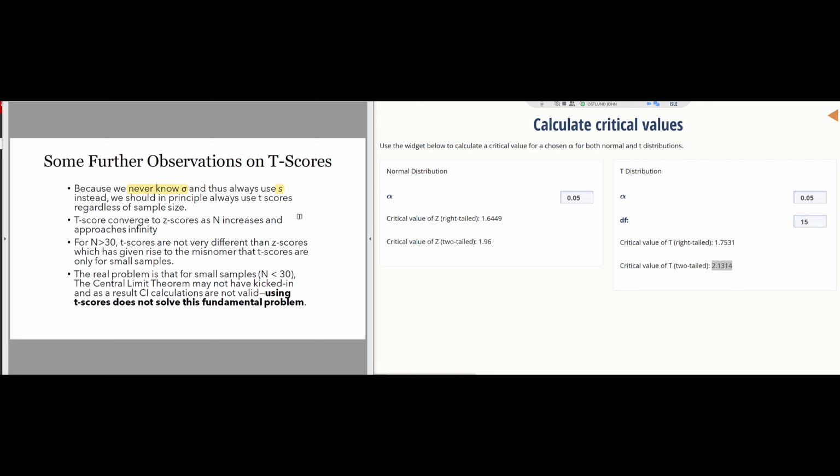We are therefore stuck with using the sample standard deviation as an estimate of the population standard deviation. But because we are less sure about how close that sample standard deviation really is to the population standard deviation, we use t-scores rather than z-scores.